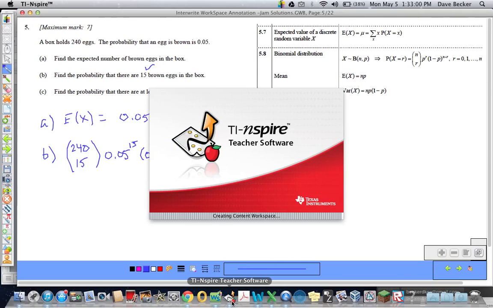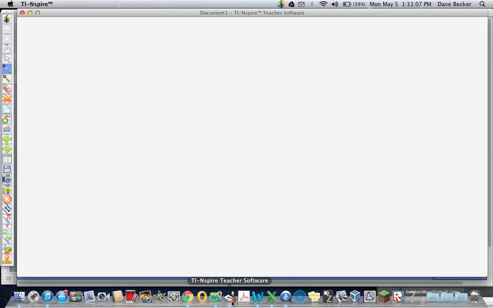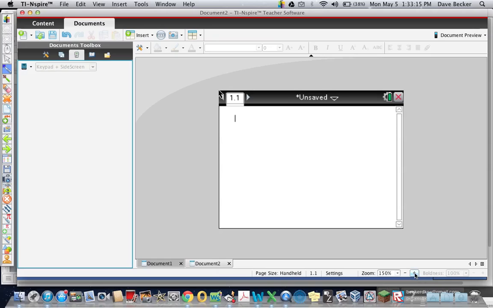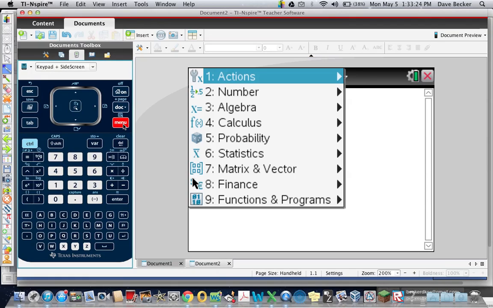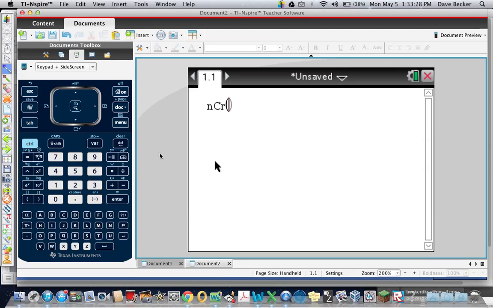Then we'll move on to C, but I just want to make sure you know how to do the choose function on the calculator. We had n choose r. You can either type this in, or if you don't remember the letters, go to probability, combination, and choose r.